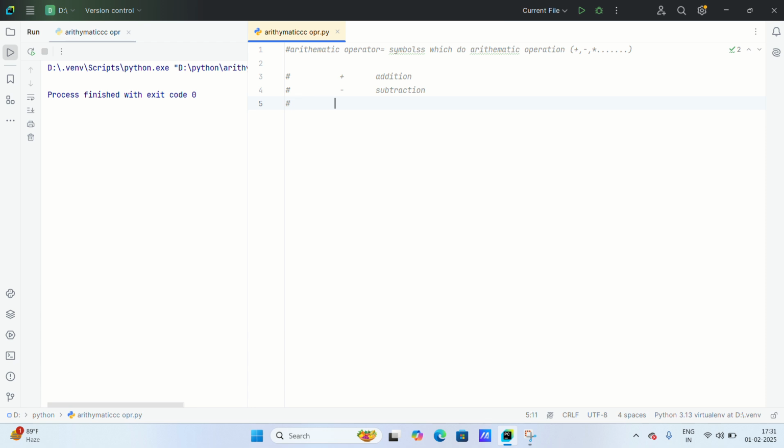Third arithmetic operator is into, and the function of into is multiplication. As you know all of this. Fourth operator is slash, and slash counts as division in Python. This is the percent sign, and we count the percent sign as a modulo operator.